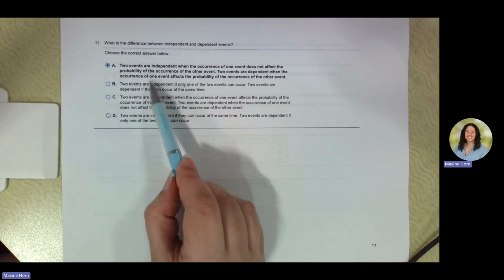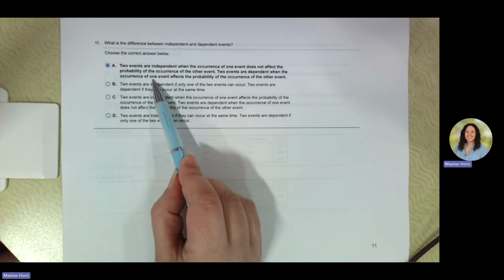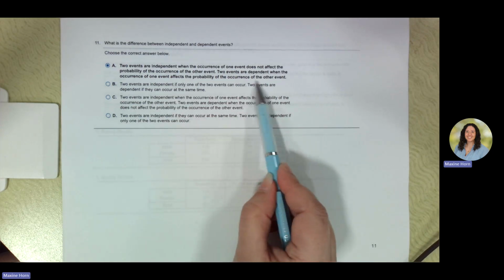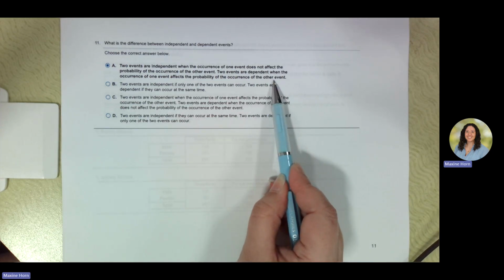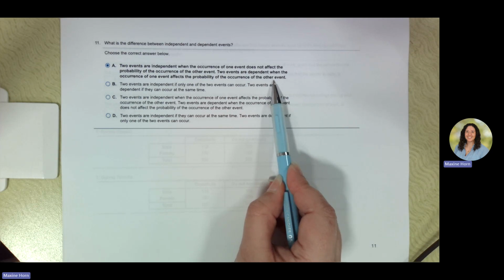The dependent example that we had previously was that the occurrence of one event, pulling a red candy, affects the probability of the occurrence of the other event, pulling a blue candy from what's left in the bag. So it's just putting into words what we've already done in a problem.